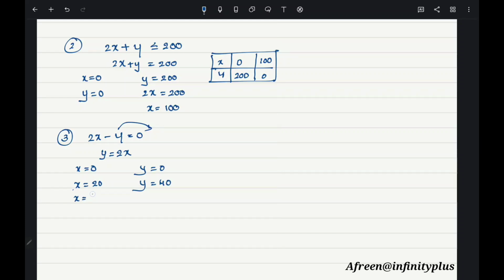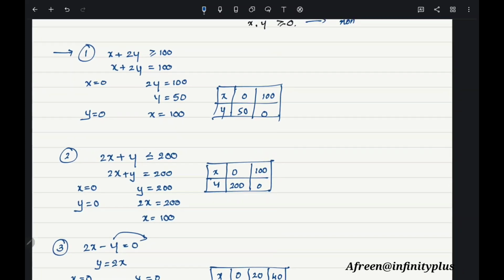Give x is equal to 40, I will be getting y is equal to 2 into 40, that is 80. Now the solution box for this constraint will be x, y. If x is equal to 0, y is 0. If x is 20, y is 40. If x is 40, then y is 80.